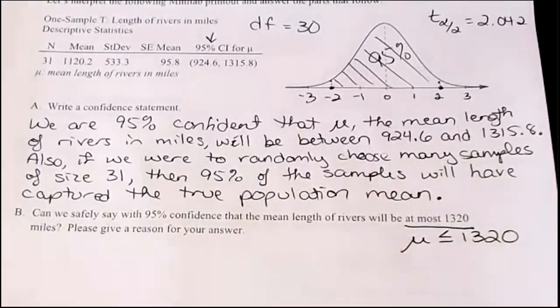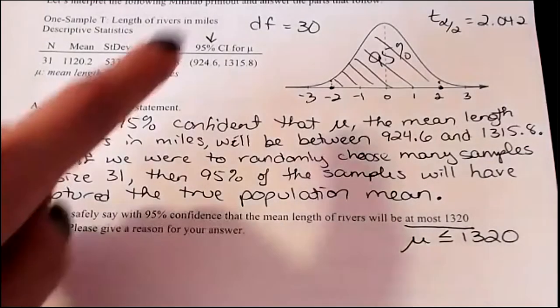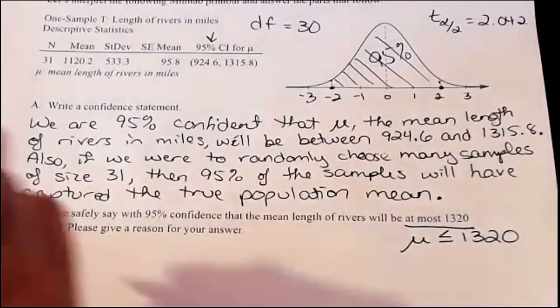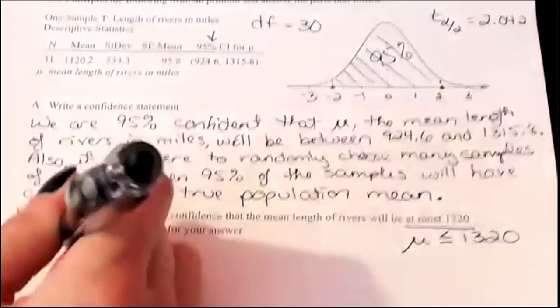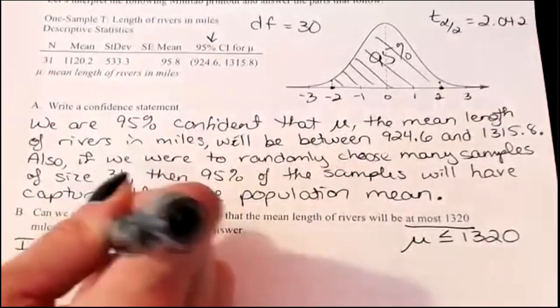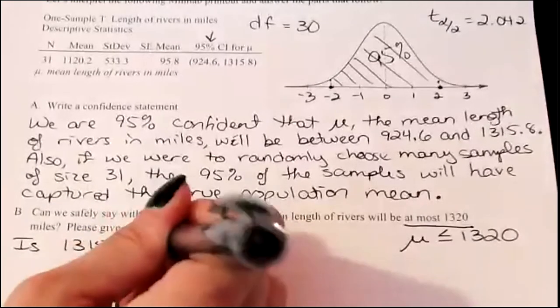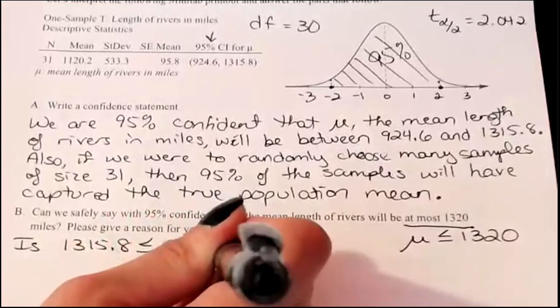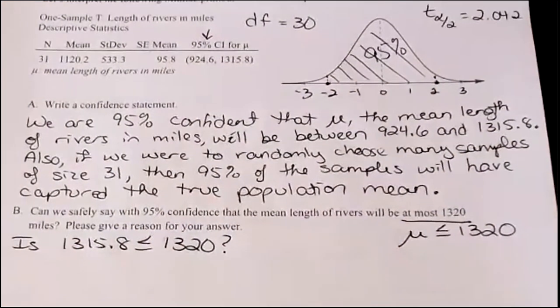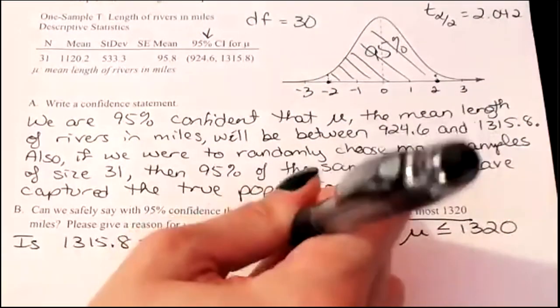So can we say this? What we're going to do is look at the upper bound of our interval, which is 1315.8. And we're going to say, is 1,315.8 less than or equal to 1320? Yes. Exactly. And we're going to say, yes, it is.